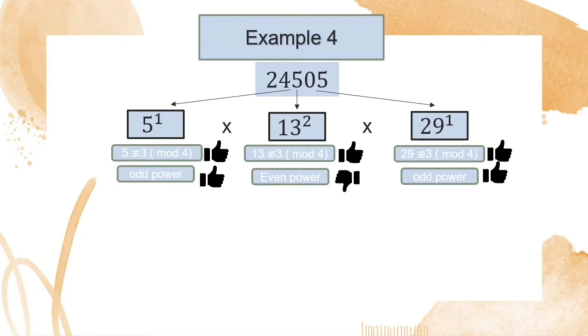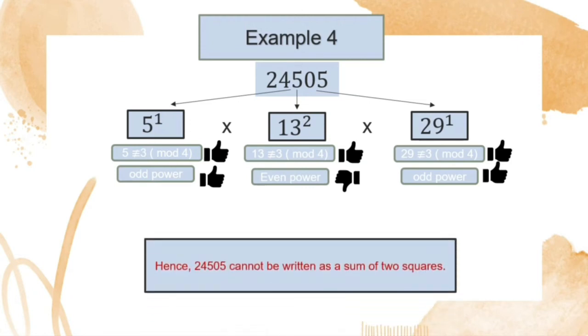So what we can conclude here is 24505 cannot be written as a sum of two squares.